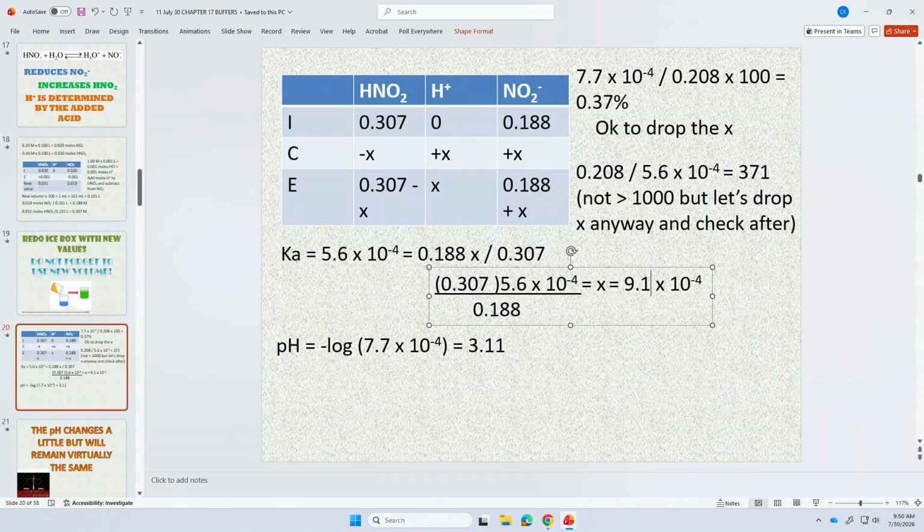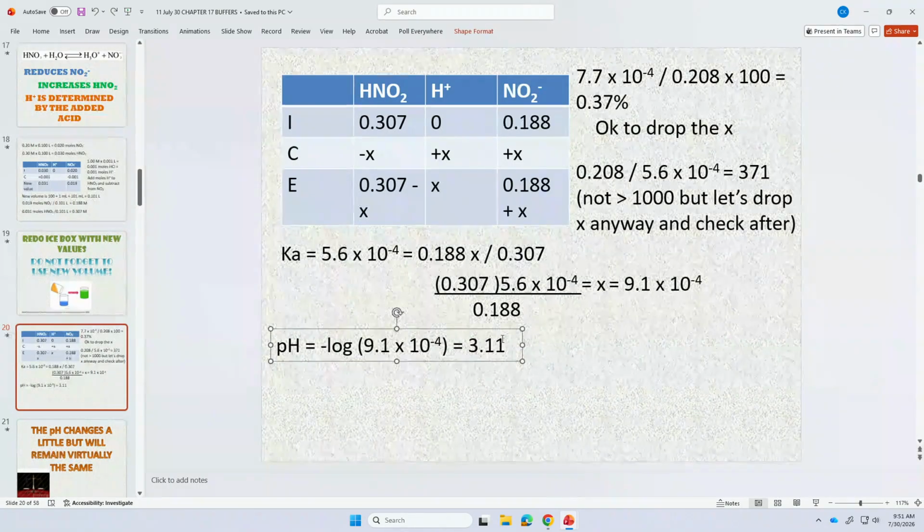times 10 to the minus 4. Three point 3.04.